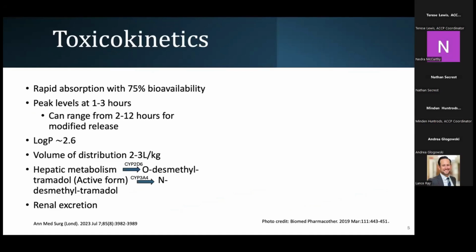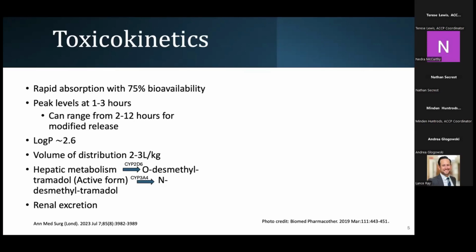If taken as a modified release, of course, it is expected to have a longer peak at about 2 to 12 hours. It is very lipophilic and it has a log P value of approximately 2.6. Lipophilicity is denoted by a log P value, and the more positive a log P value is above 1, the more lipophilic an agent is. With this being 2.6, tramadol has great lipophilicity.